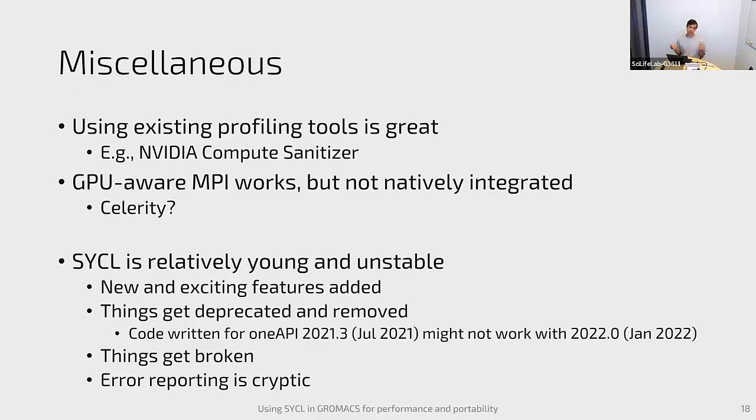And since SYCL is based on the existing backends, it's built on top of CUDA and built on top of ROCm, we can use the GPU-aware MPI that is built for those backends. And it works quite well, no SYCL-specific issue there. But it's not natively integrated, so you will have to use USM to get raw pointers to device memory to pass to the MPI routines. But it works just fine. You can totally use it in your production applications.